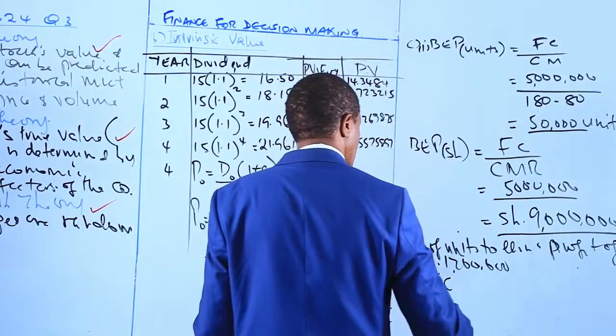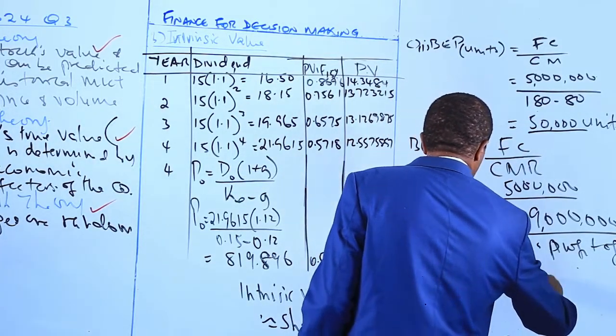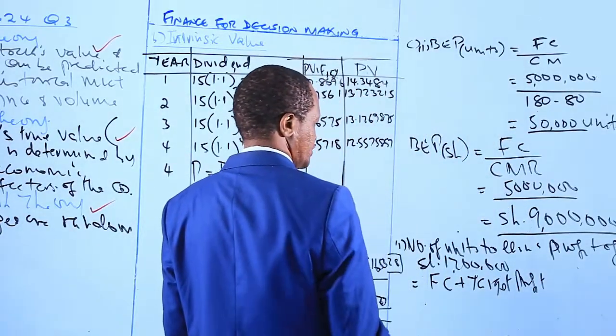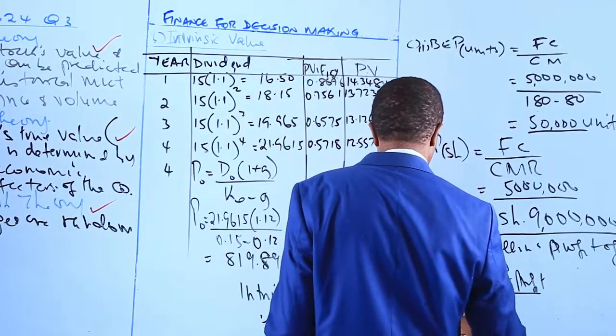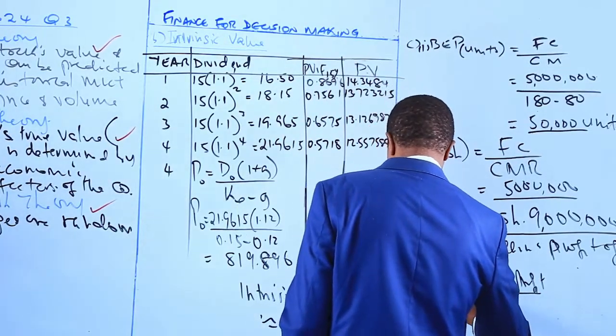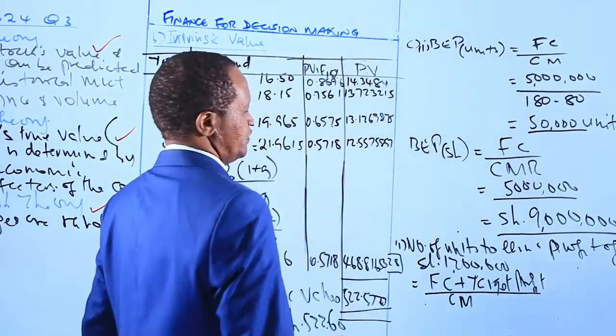This will be equal to the fixed cost plus the target profit, then we divide by the contribution margin.